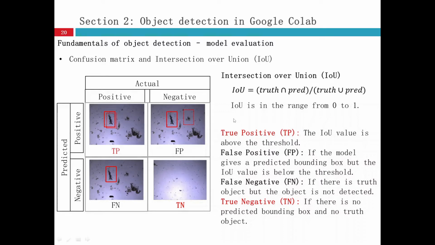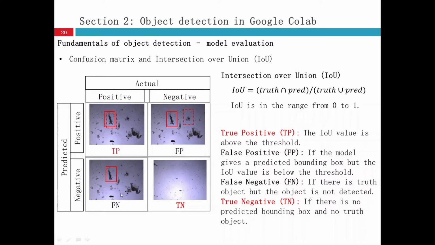Based on that, we have 4 different kinds of situations: true positive, false positive, false negative, and true negative. True positive is the same as this image shows. The IOU value is above the threshold, which is the number we set for the IOU. False positive is if the model gives a predicted bounding box, but the IOU value is below the threshold.